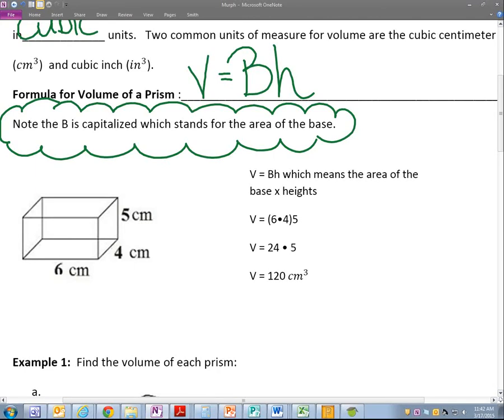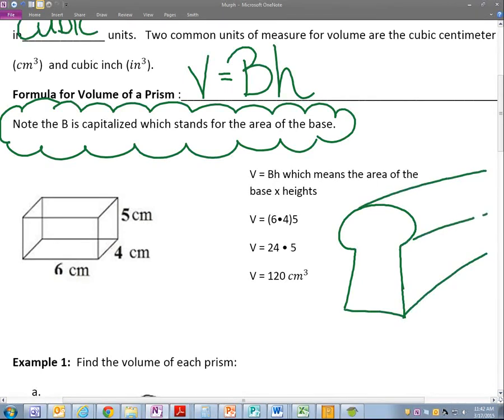So if I had this, I'll draw it since I'm being recorded. So I have a slice of bread there, and I'm going to take my knife. Weapons in school.